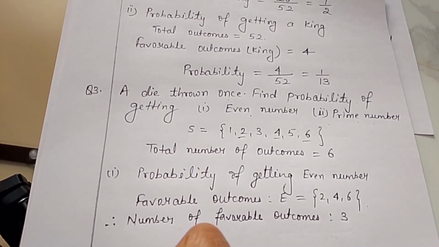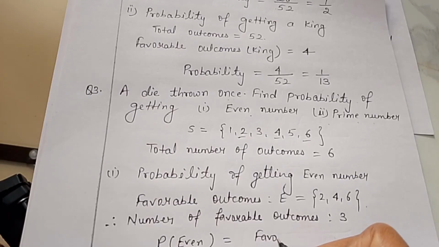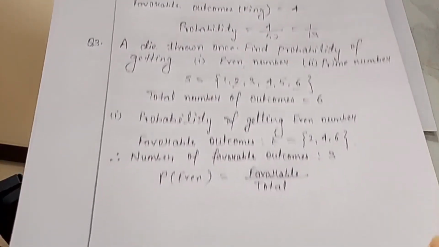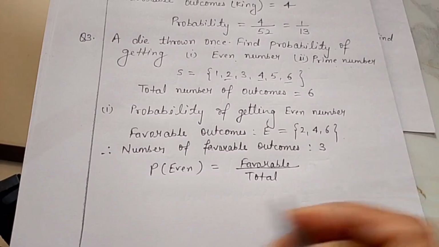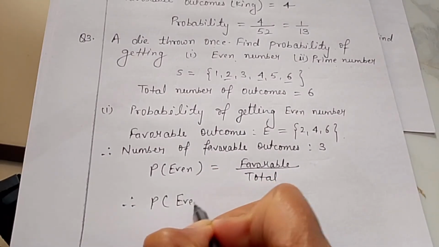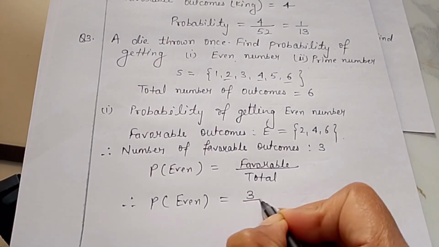Now, apply the formula. P(even) is equal to favorable outcomes divided by total outcomes. Therefore, P(even) is equal to 3 by 6.